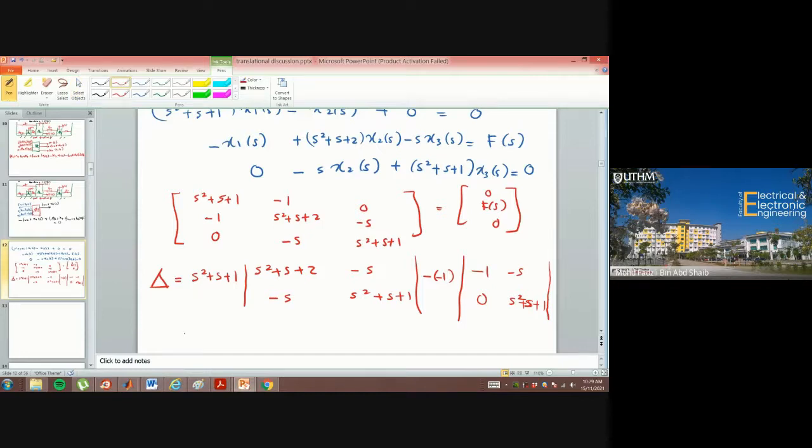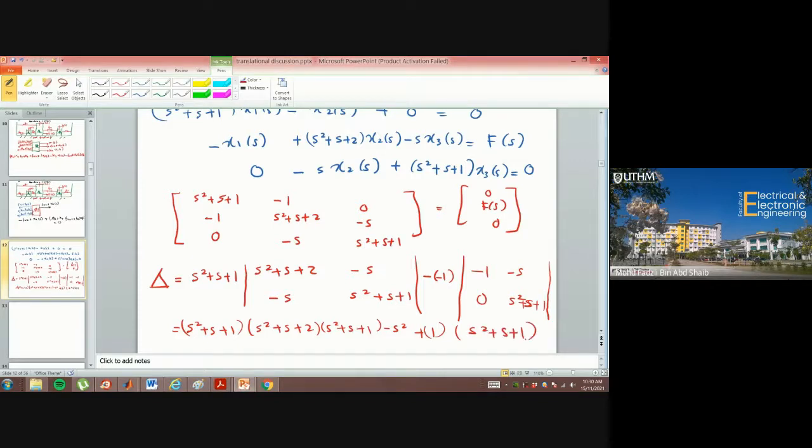Then, okay, this one we copy like this. s square plus s plus 1, right? This one cross multiply. So this one becomes s square plus s plus 2 times s square plus s plus 1, minus s square, okay, this one plus 1, s square plus s plus 1.